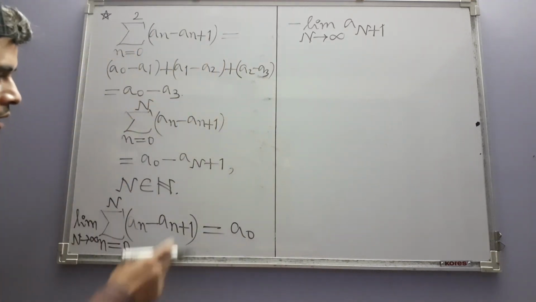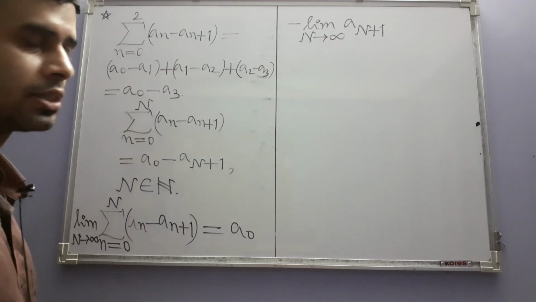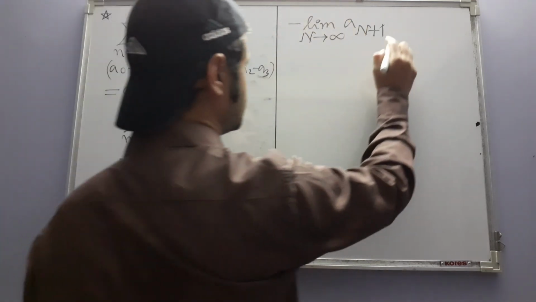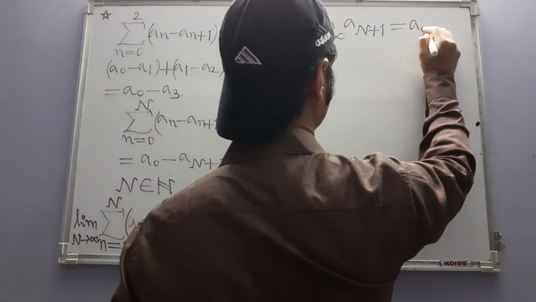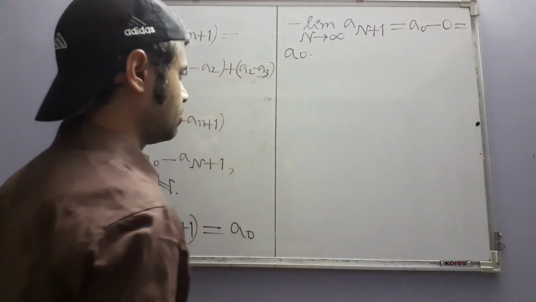But it's given that the original sequence a_n is convergent and it converges to 0, so this limit is 0, and that's why this is equal to a naught.